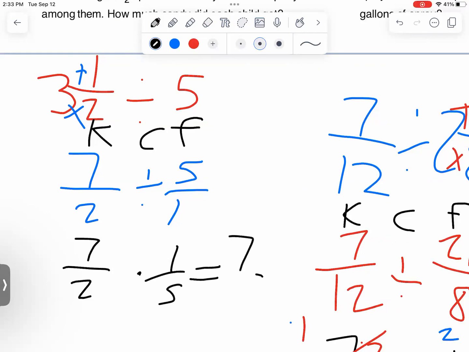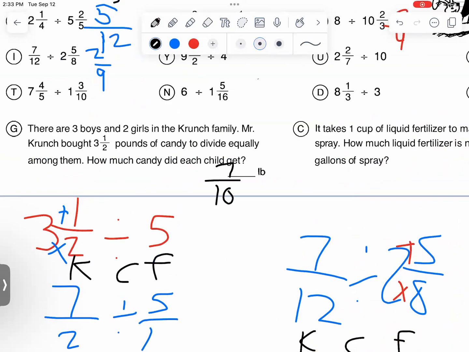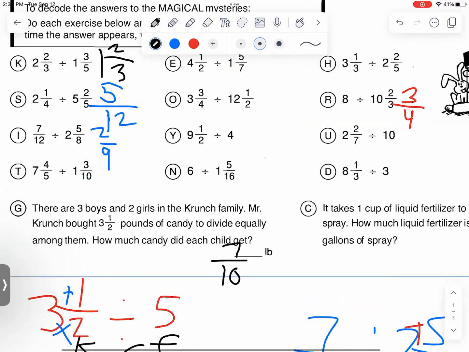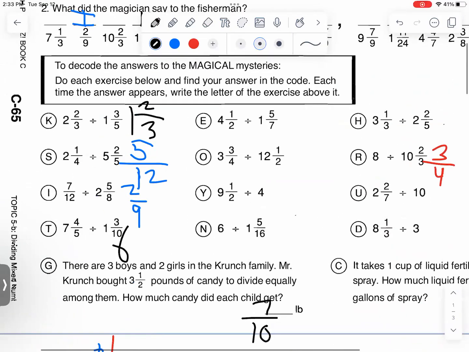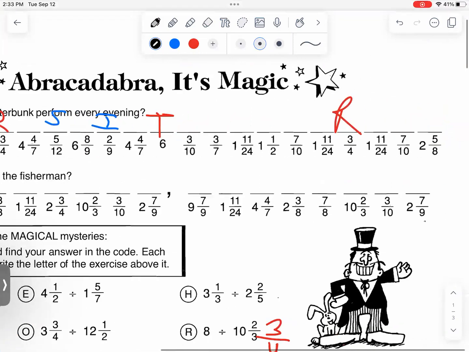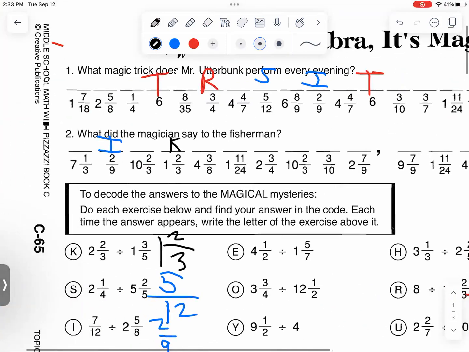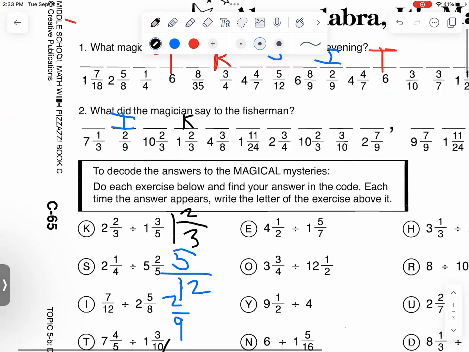So that's going to give us 7/10 of a pound that each of them get. For letter G, 7/10. There's 7/10 there, and a 7/10 there. And that is it.